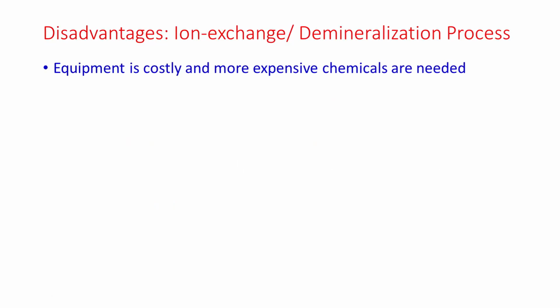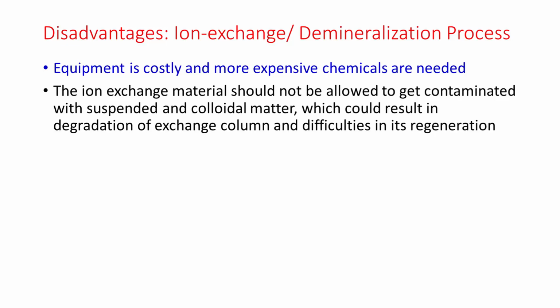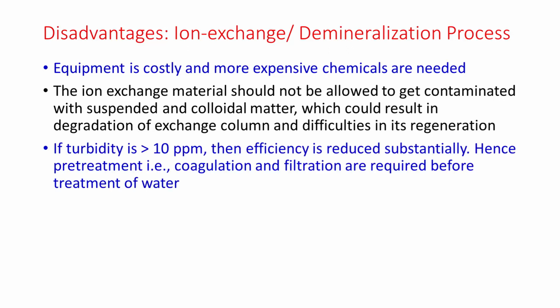Disadvantages of ion exchange process: equipment is costly and more expensive chemicals are needed. The ion exchange material should not be allowed to get contaminated with suspended and colloidal matter, which could result in degradation of the exchange column and difficulties in its regeneration.